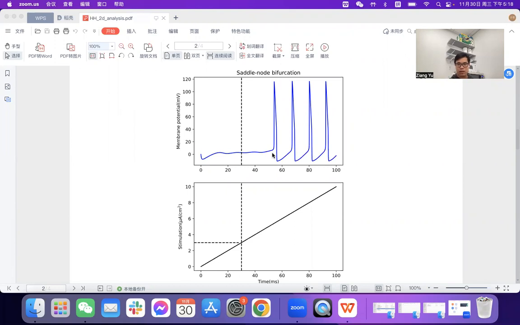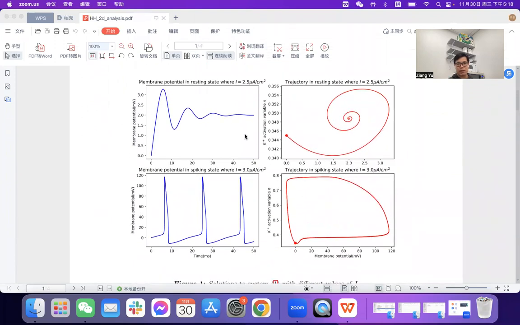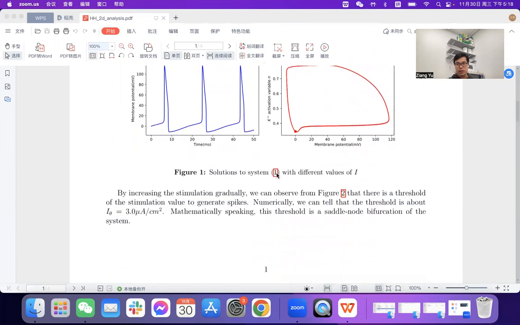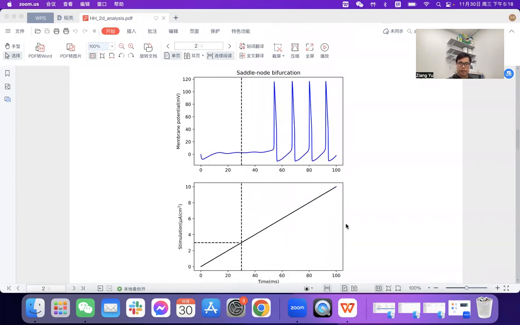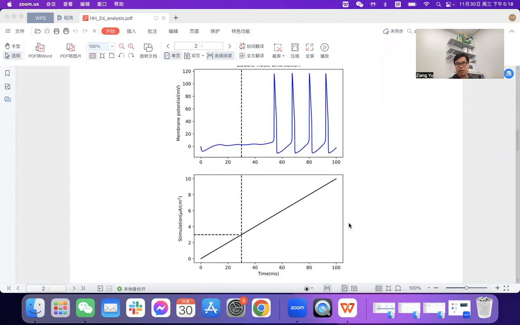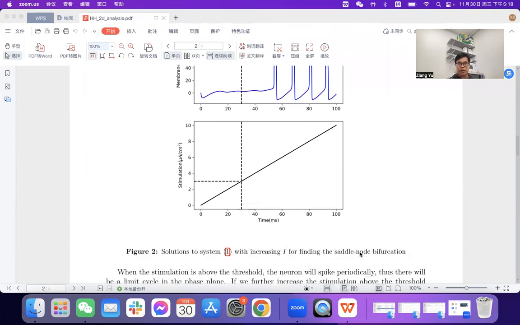But we can tell from these results that the threshold is somewhere between 2.5 and 3.0, so I roughly plot a threshold over there. This threshold is the minimum stimulation we need to generate spikes in this neuron. Mathematically speaking, this threshold is actually a bifurcation of the system, and in this case, it is a saddle-node bifurcation.